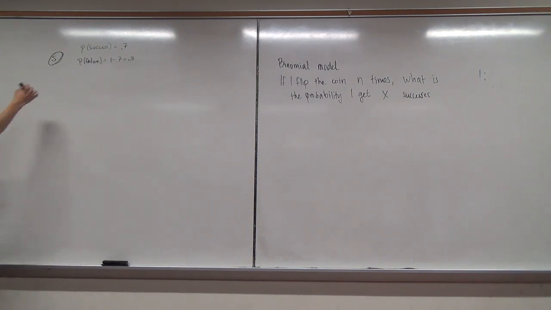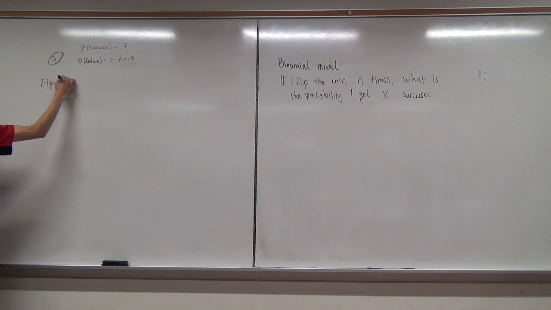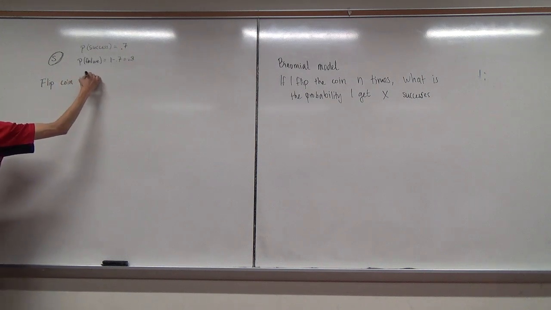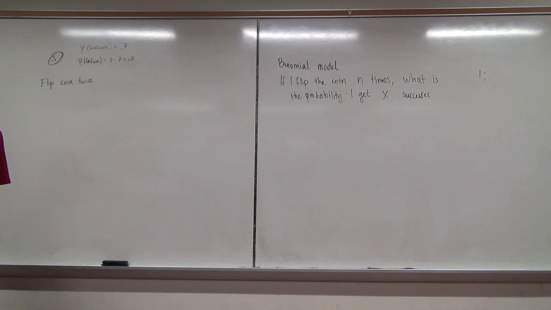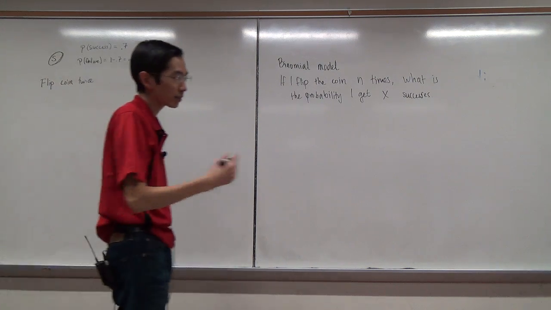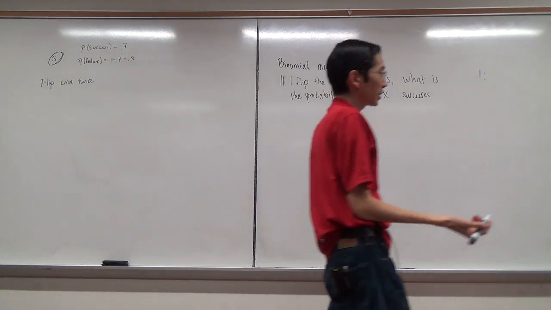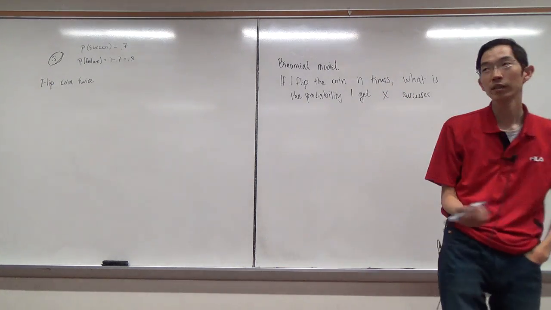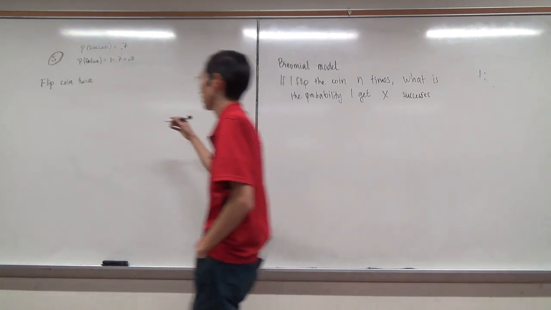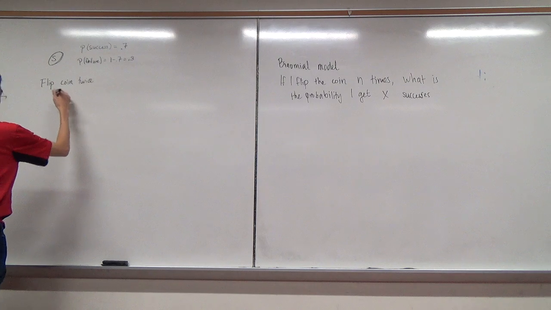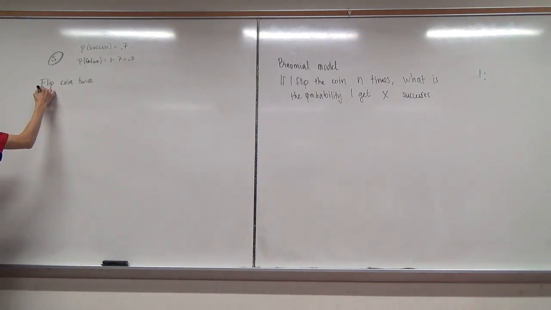Let's say I flip the coin twice. And I want to know, after flipping the coin twice, what's the probability that I get exactly 2 successes? Or I'll ask 3 different questions, okay?